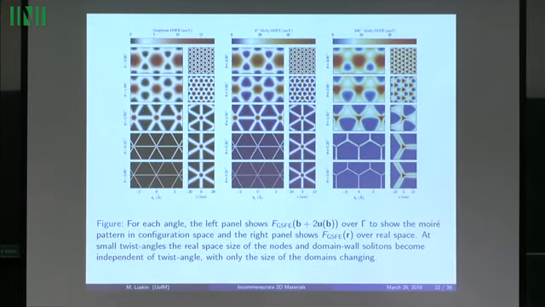Now you might say, let's look at the angle: 2 degree, 1 degree, 0.5 degree, 0.1 degree, 0.05 degree. I'm looking at the generalized stacking fault energy in configuration space. What you see is the width of the layer is scaling like the angle.